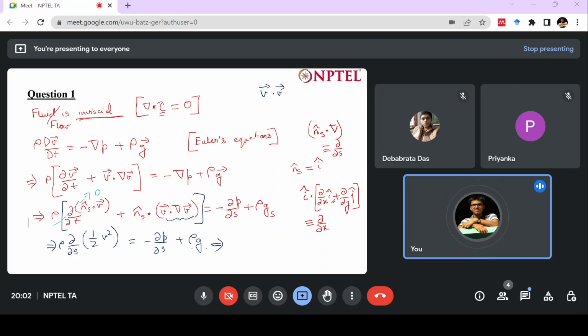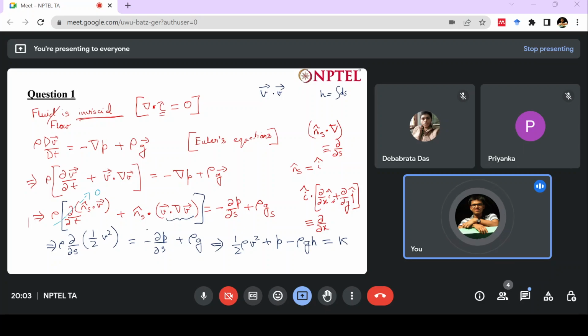When this is integrated, it will very easily be just half rho v square plus p minus rho g h, where h is equal to the integration of ds. Because rho and g both are constant, they will come out. And this is equal to a constant.